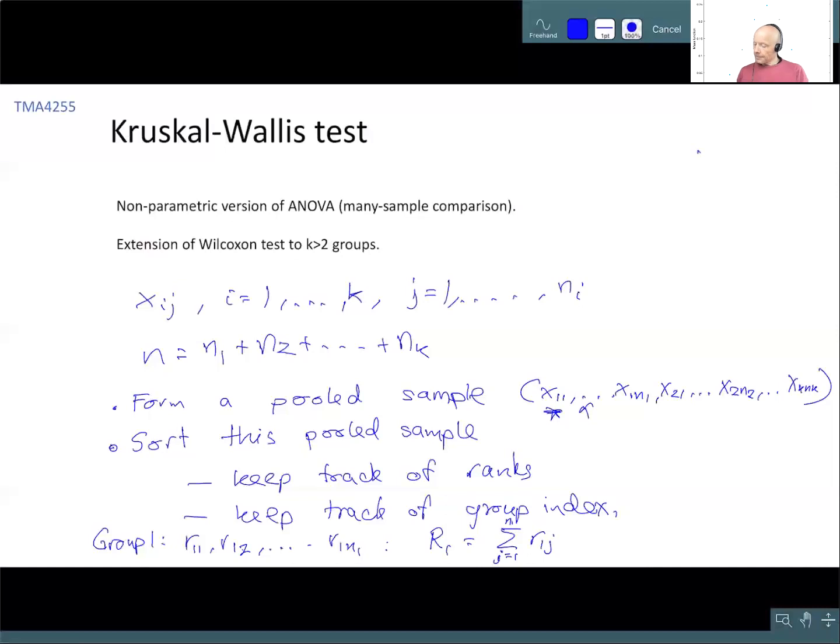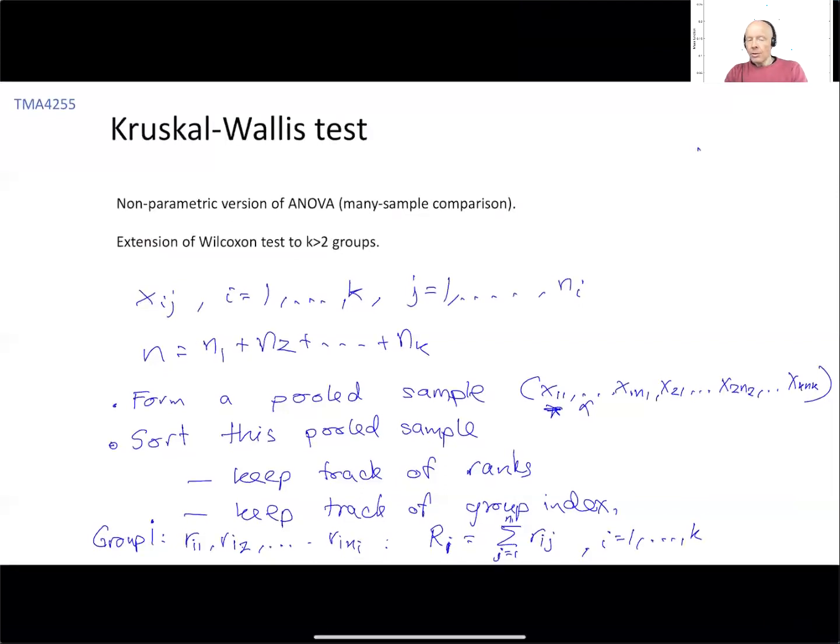And this does not only hold for group 1, it holds for other groups as well. So instead of having group 1 here, I can say for group i I have this one. And then this holds for i equal 1 up to k. Naturally, if some of these ranks are much higher than others, it indicates that this group has bigger response variables than some other groups.